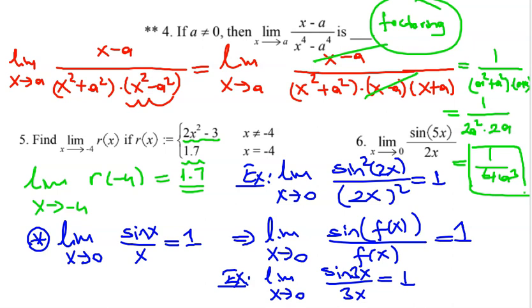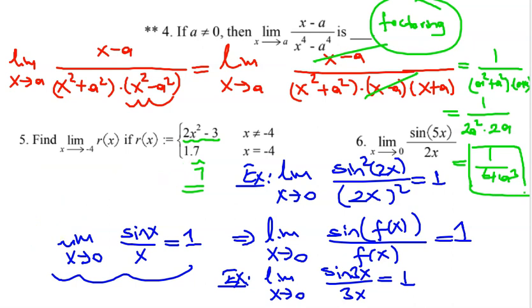Whenever we try to evaluate limits involving trigonometric functions, we need to reduce these trigonometric expressions into the forms that we know of: either limit x approaches 0 of sine x over x equals 1, or this one. So in light of this information, let's try to do question 6. I'm going to erase.